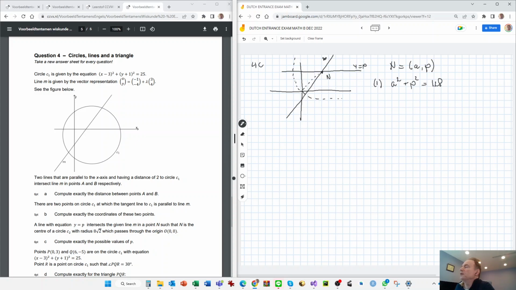And we know it's on the line M, so we can write A and B in this form. A is a certain lambda, minus 1 plus 3 lambda, B is minus 4 plus 4 lambda for a certain lambda.